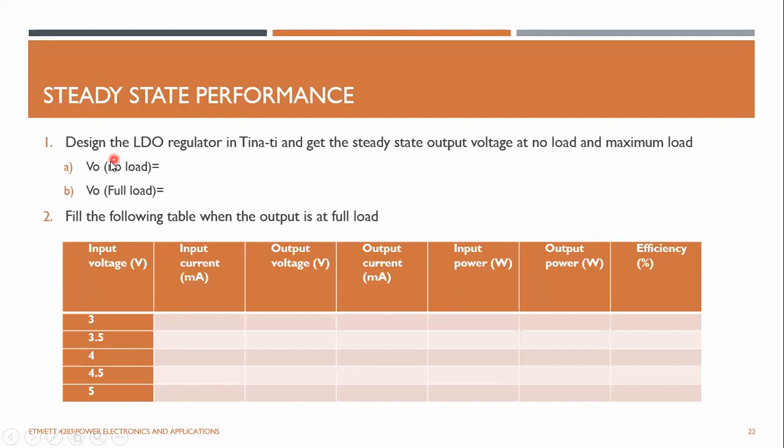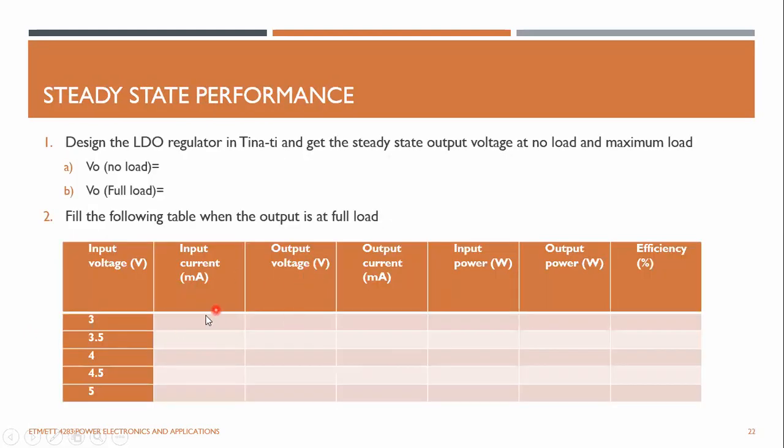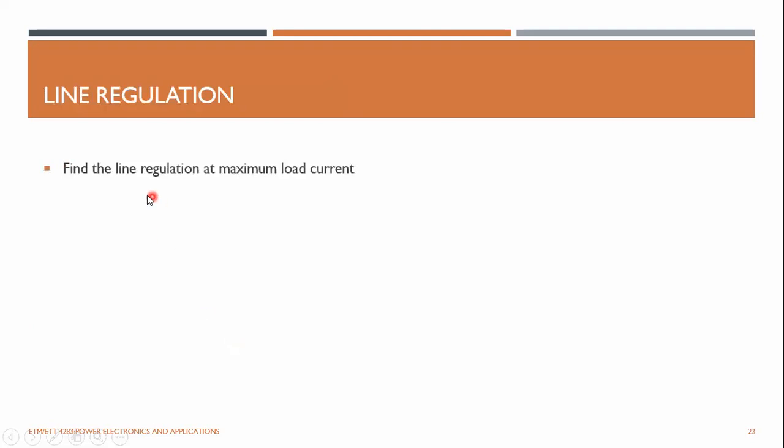You have to design this in TINA and simulate it to get the no-load output voltage and full-load output voltage. By changing the input voltage, this battery voltage, you have to fill this table. Find the input current, output voltage, output current, input power, output power, and efficiency for these ranges. You can simulate several times and get these results. And find the line regulation at maximum load current.